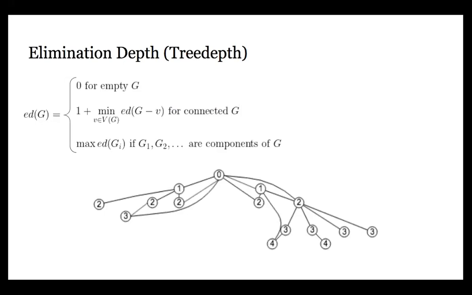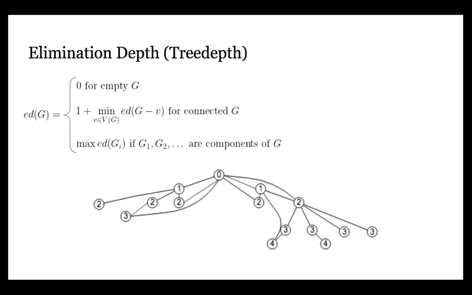Equivalently, we can define elimination depth as the minimal depth of an elimination forest of a graph, where an elimination forest is a forest with vertices in one-to-one correspondence with the vertices of our graph, structured in such a way that adjacent vertices must be in an ancestor-descendant relation in this forest.